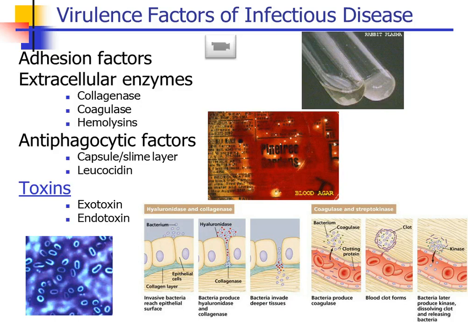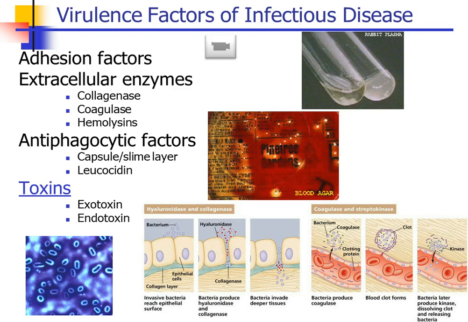Enzymes. There are a lot of enzymes that a microorganism can produce that are excreted out. Collagenase, which allows the organism to spread through collagen. Now remember, collagen is a protein of the body. It's in connective tissue. If you've had A&P, you've heard of collagen a lot. Collagenase allows an organism to spread around tissue.